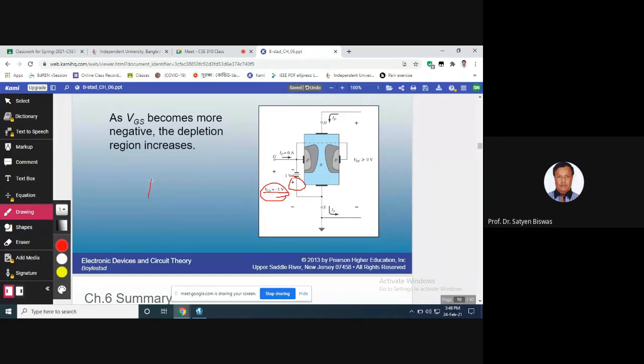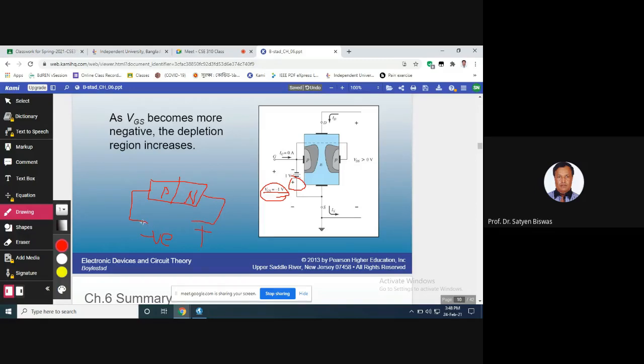So just like a PN junction, P is connected to negative voltage, and N is connected to the positive.